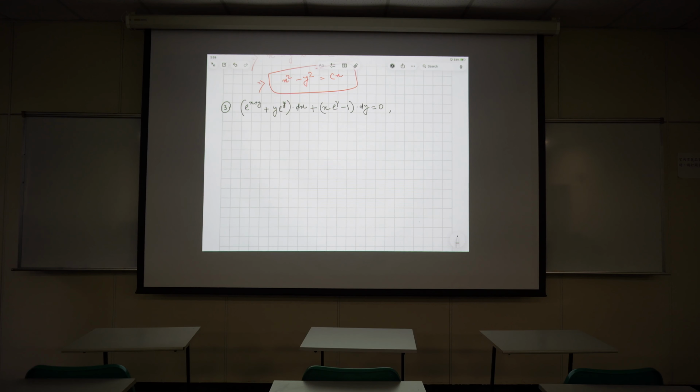And this one is an initial value problem where y(0) is equal to minus 1.